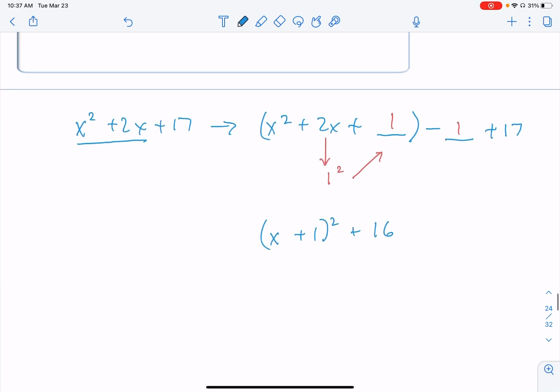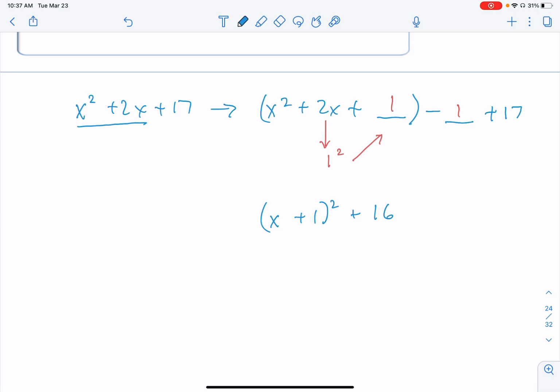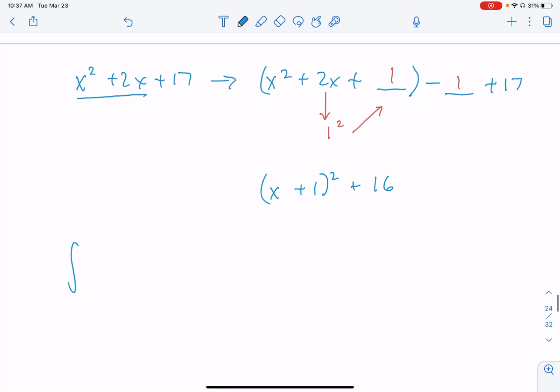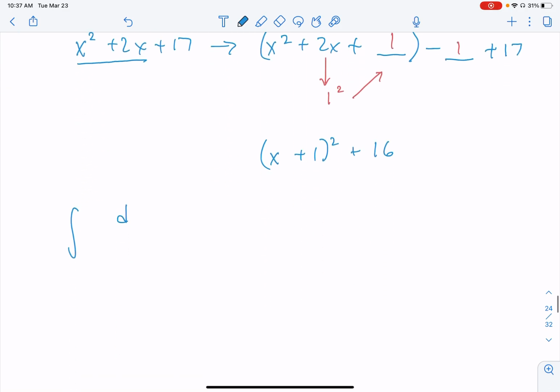All right, then. Now I'm going to rewrite my integrand like this. So I have the integral of a dx over, and then if you want to reverse the order of this, 16 plus an x plus 1 squared. Okay.